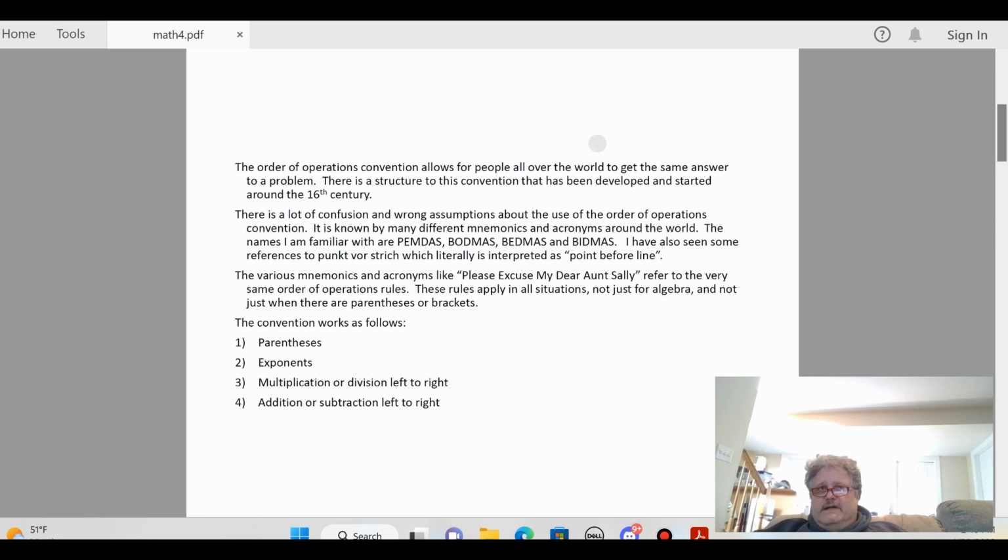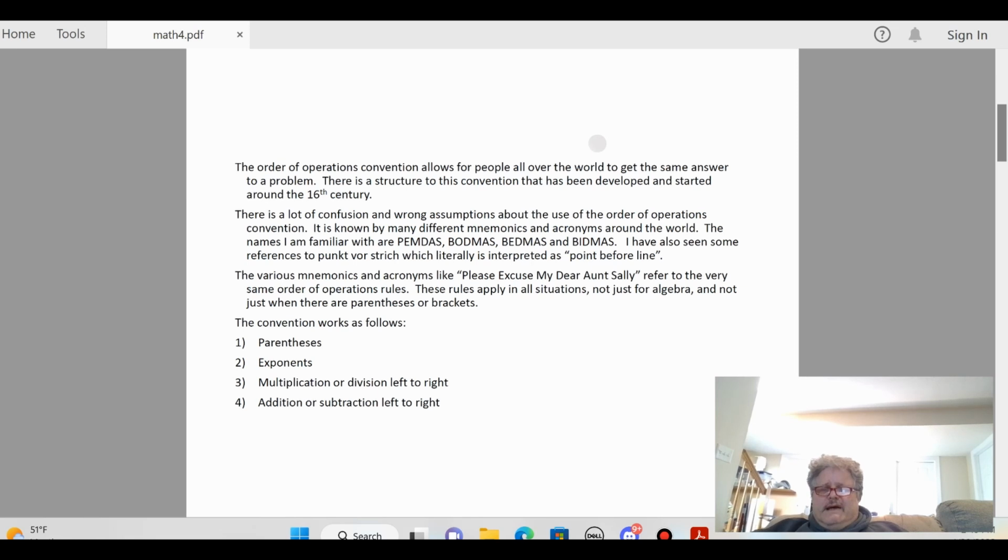I know in North America it's typically PEMDAS. PEMDAS is parentheses, exponents, multiply, divide, add, subtract. There's also the acronym Please Excuse My Dear Aunt Sally that's used to memorize that.